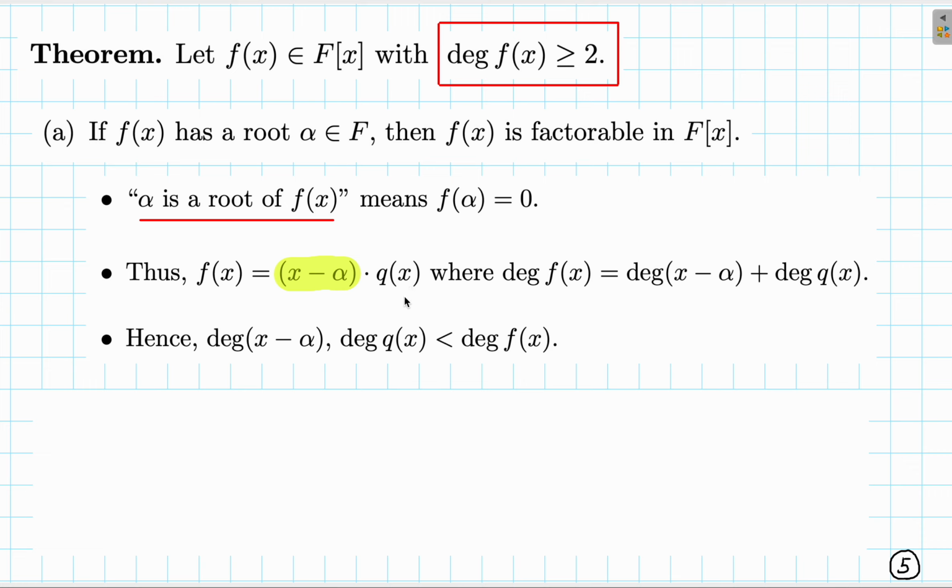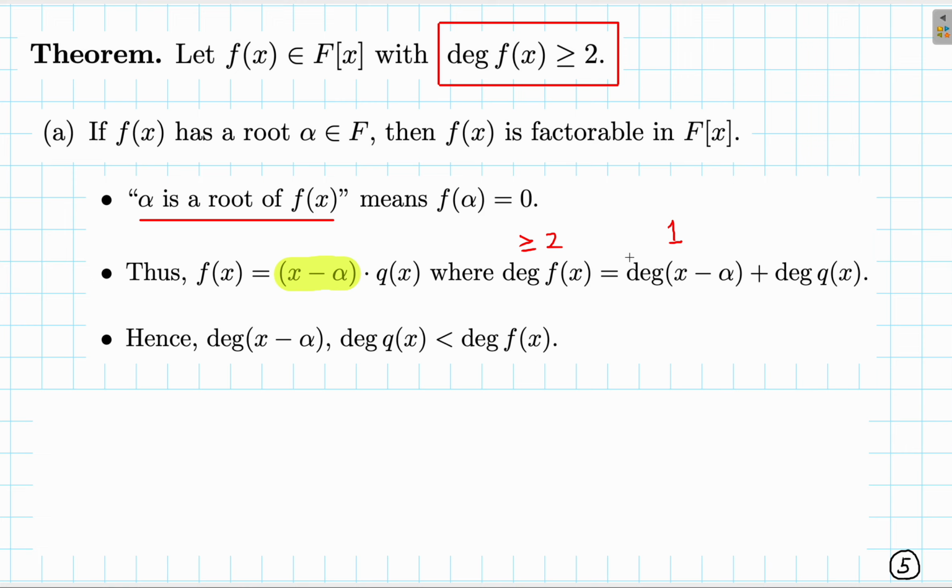And then by the property of degrees, we know that the degree of f(x) is the sum of the degrees of x - alpha and q(x). And we will use this degree relationship to verify that the factorization of f(x) is legitimate. And so let's start with the degree of f(x). By our assumption, we know that this is greater than or equal to 2. And the degree of x - alpha is 1 because x - alpha is a linear polynomial.